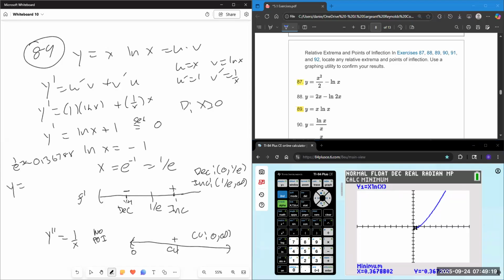Y equals 1 over e times ln of e to the negative first. So it's going to actually be negative 1 over e for the y value. So local min is (1 over e, negative 1 over e), and then no point of inflection for me to find.